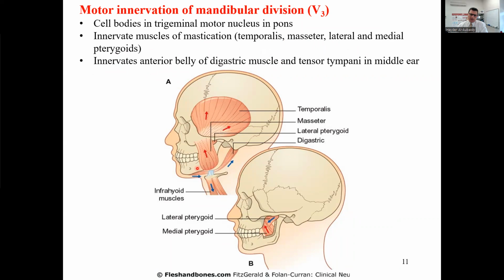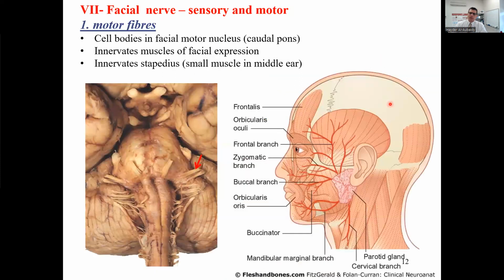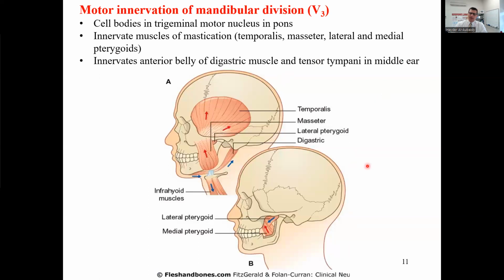It also innervates the tensor tympani muscle, one of the muscles of the middle ear. We'll discuss it in more depth in the last topic when we discuss the ear. So that was a quick revision about the motor function of the mandibular division of the trigeminal nerve.